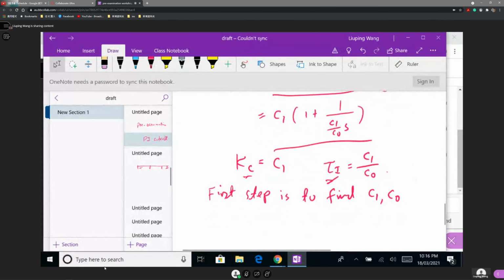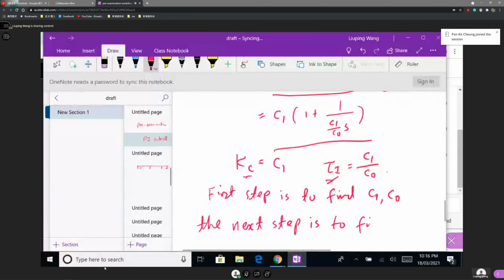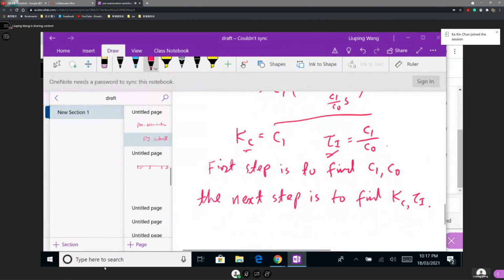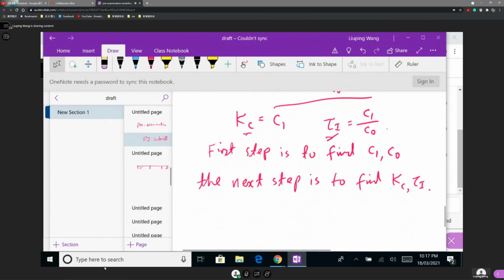The next step is to find Kc and tau I. So now let's go to C1, C0. How am I going to do that? What are C1 and C0?